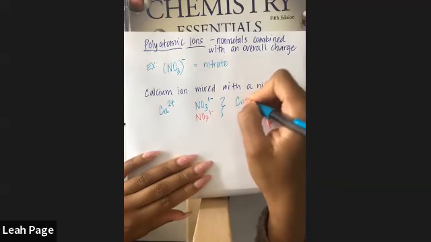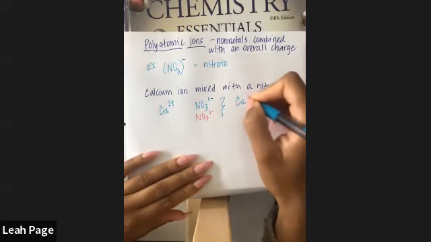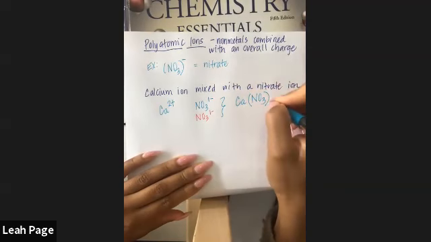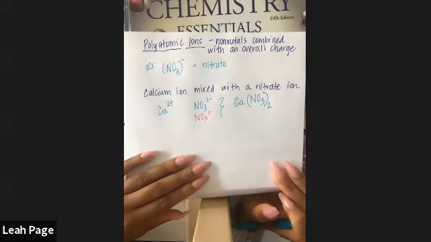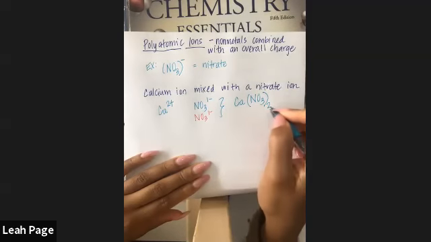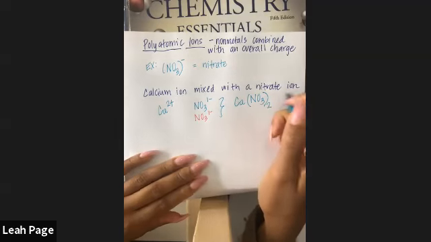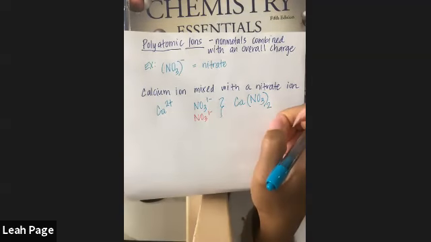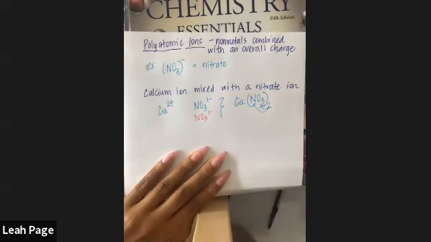The way we write 2 nitrates is to put it in parentheses and say I need 2 of these. I can't just put a 2 outside without parentheses after the 3, because it's going to assume that I just need 6 oxygens and only 1 nitrogen. But in reality, I need 2 nitrogens and 6 oxygens.